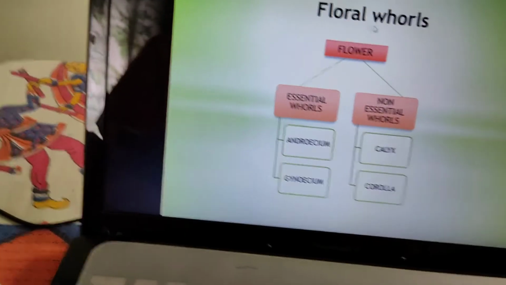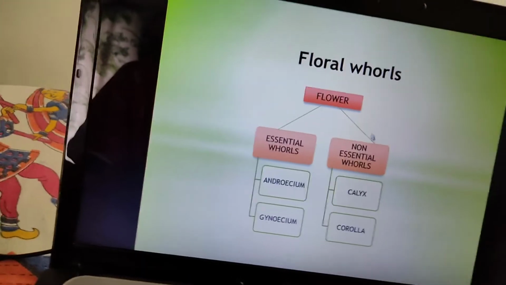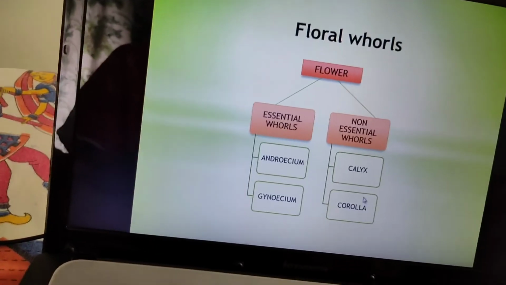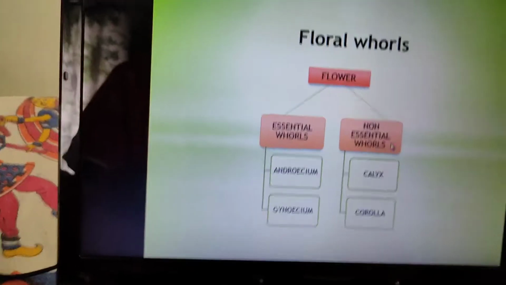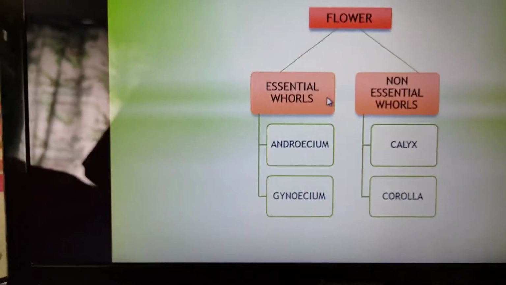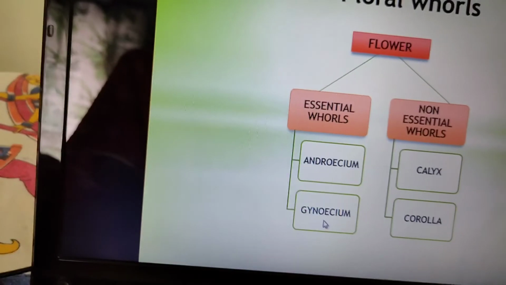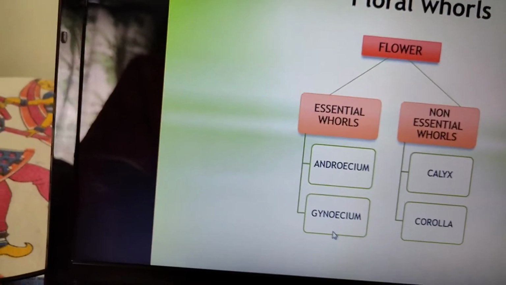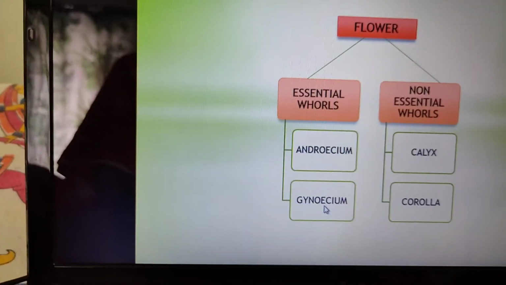Now we know about the essential parts and the non-essential parts of the flower. A flower mainly consists of two parts, that is essential whorls and non-essential whorls. Essential whorls are the reproductive parts of the flower, that is the androecium and gynoecium. Why are they known as essential whorls?